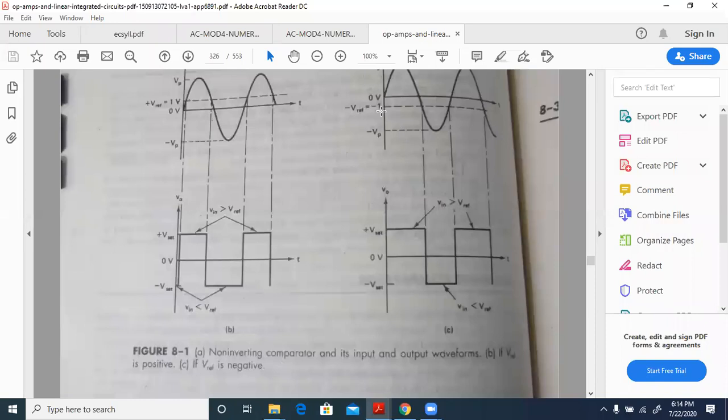So above the reference voltage, it will be high. Below the reference voltage, it will be low. That is the point to be remembered, whether it is this or this. Only that here we have V reference positive, here we have V reference negative. So below the V reference, it will be negative. Above the V reference, it will be positive. So here the positive cycle will be smaller, here the negative cycle will be smaller.